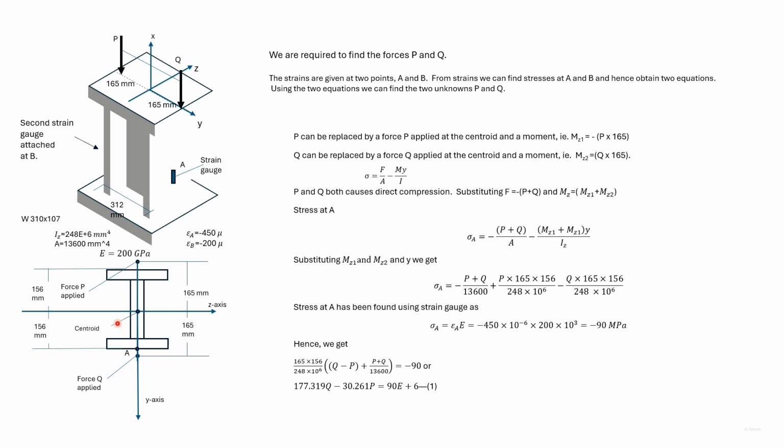The value of y is positive for the point A, as shown in this diagram. This is based on the coordinate system we have chosen, as shown here. This diagram is the diagram of a cross-section perpendicular to the axis taken through A and B.